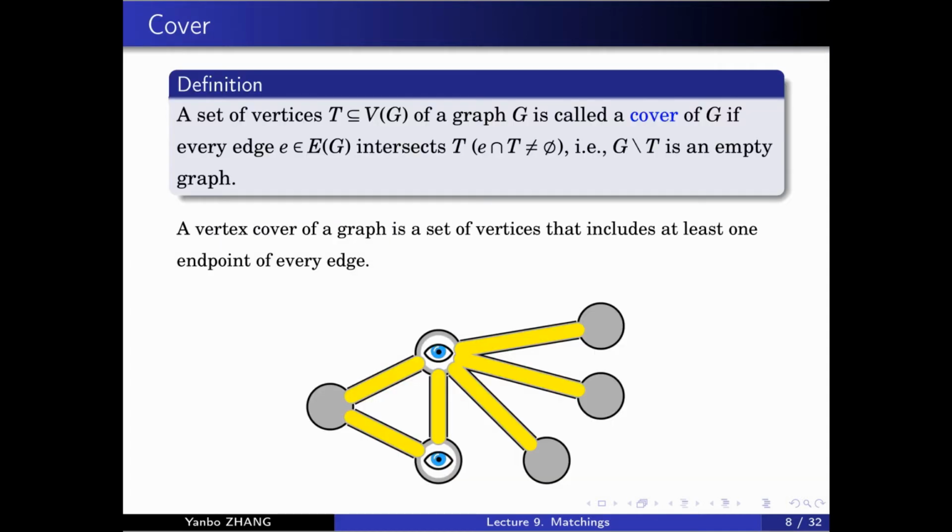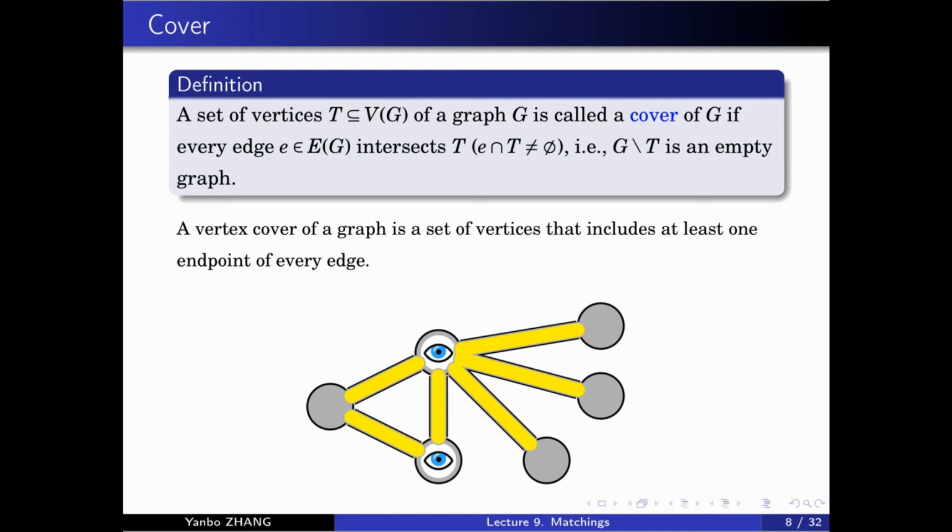Now we turn to the second section. Consider a vertex cover. A matching is a set of edges, and a cover is a set of vertices. A set of vertices T, which is a subset of V(G) of a graph G, is called a cover of G if the following condition is satisfied.